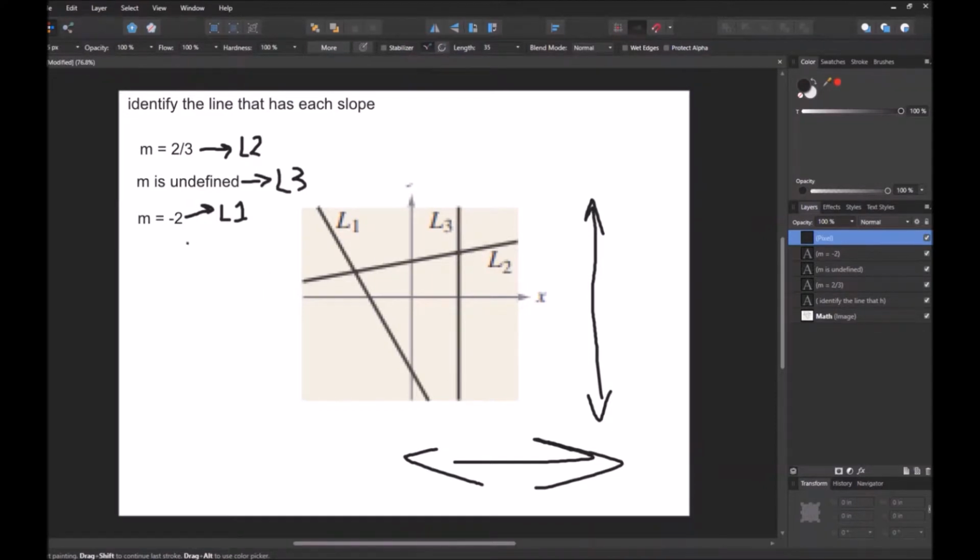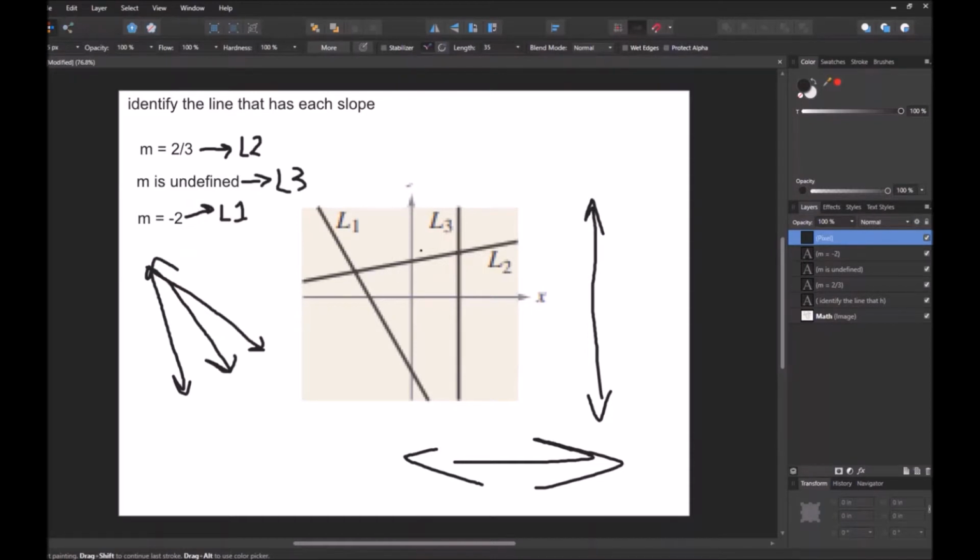I can also say that this is L1 because the larger the value of the slope is, the steeper it's going to be. So a negative 1 slope might look something like this, but a -2 slope is going to look something like that. And then a -3 slope is going to look something like that, and so on. It just gets steeper and steeper.